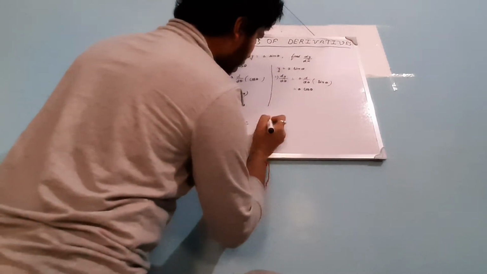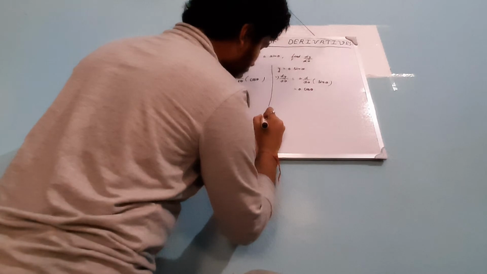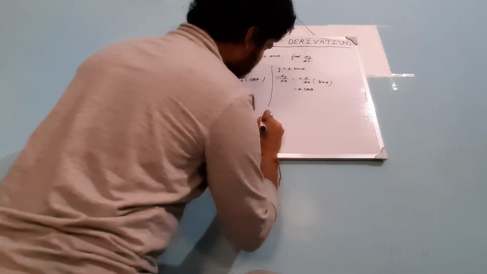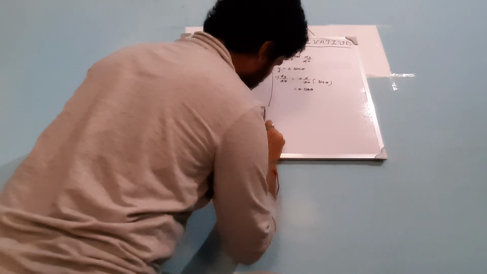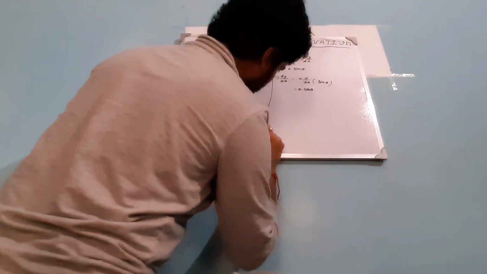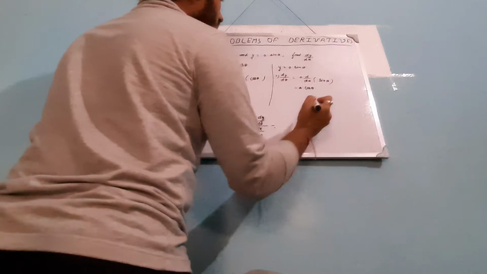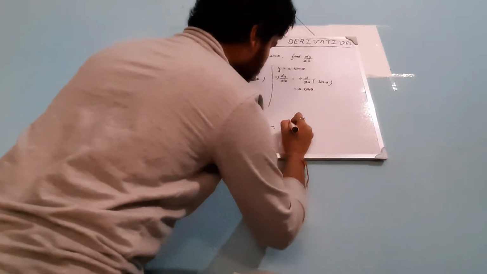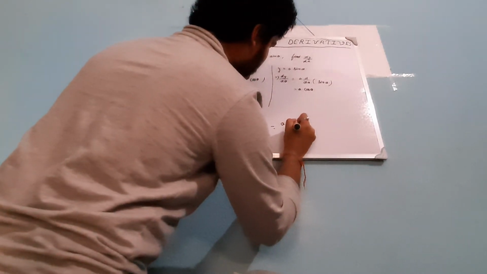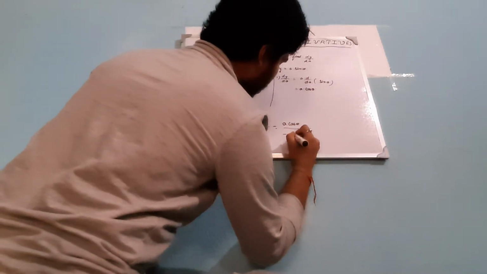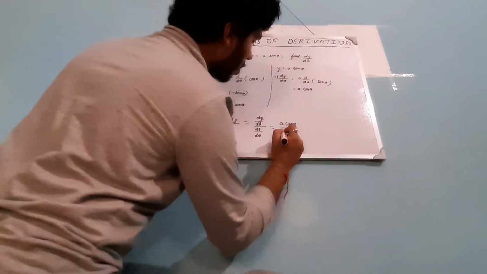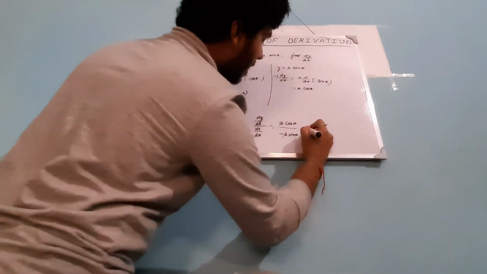Now dy by dx equals dy by d theta divided by dx by d theta, which is a cos theta over minus a sin theta. As I told you in the previous problem, d theta will be cancelled, and a will be cancelled.